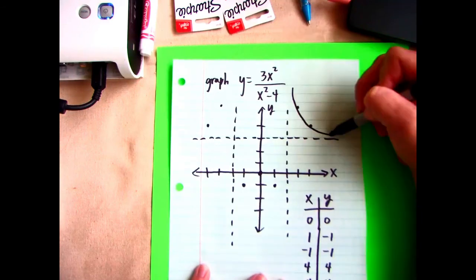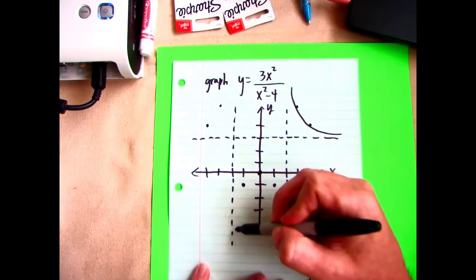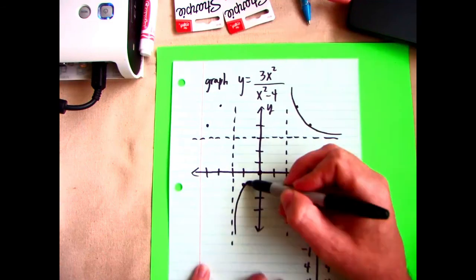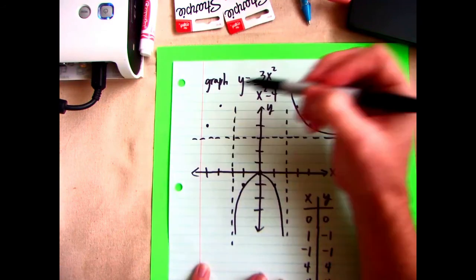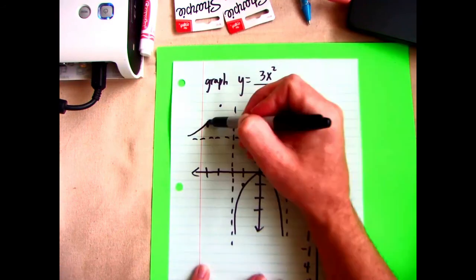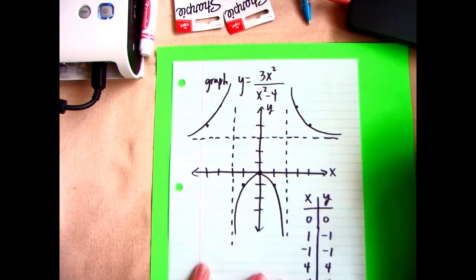And use these asymptotes too. We drew them in there for a reason. These asymptotes guide you where these curves go. They're going to approach these asymptotes but never cross. So they're like guide rails, guidelines for you to draw your curves.